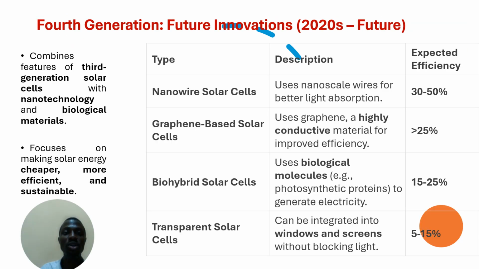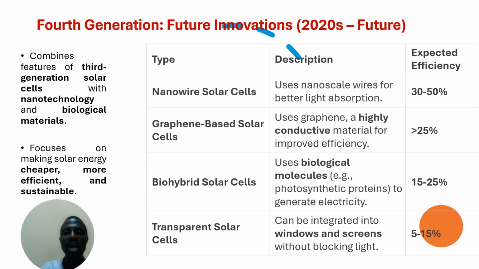The fourth generation, which are just future innovations, although research is ongoing extensively, it combines features of the third generation solar cell with nanotechnology and biological materials, focuses on making solar energy cheaper, efficient, and sustainable, which is the goal of any technology in solar energy generation.